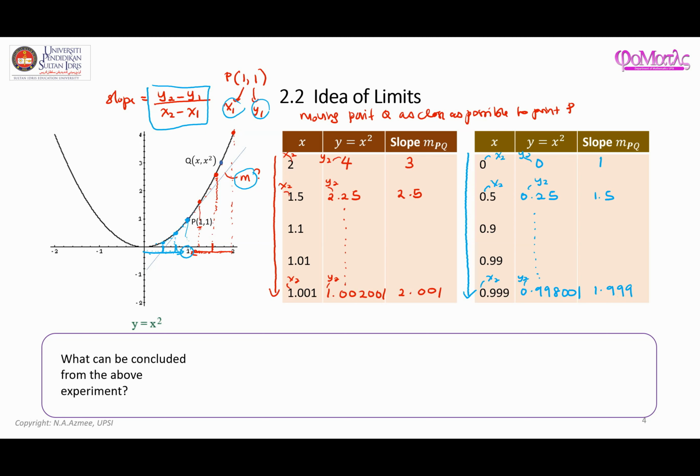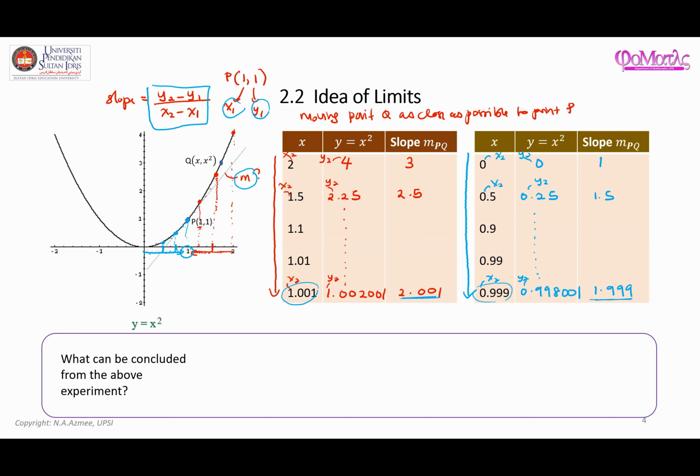Based on this, I'm sure you will see that when x gets closer and closer to 1 from the right, the value is about 2.001, and when x gets closer and closer to 1 from the left direction, which is 0.999 here, the value is 1.999. So we can sort of guess that the slope of the tangent line is going to be very close to 2 or something like that.